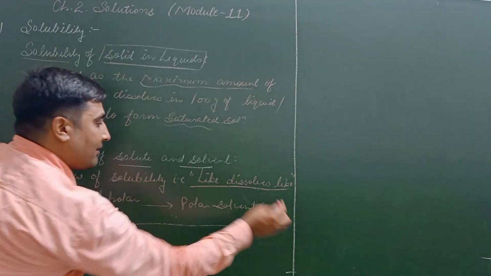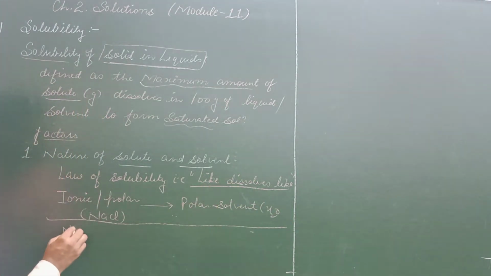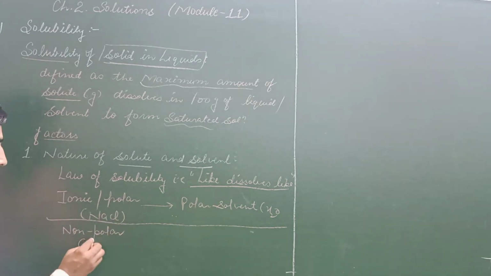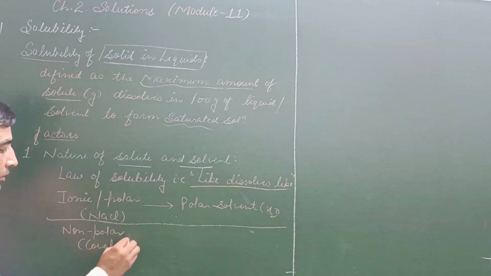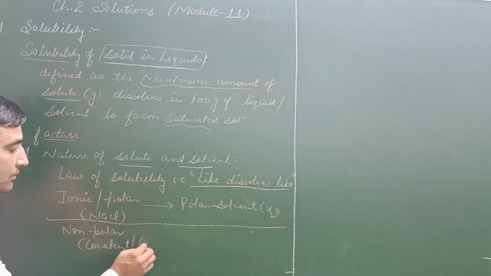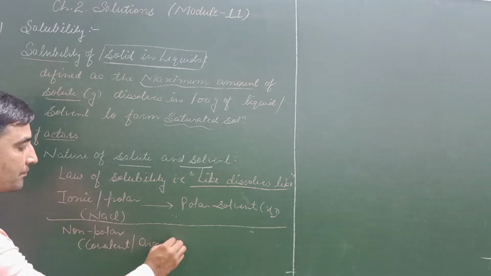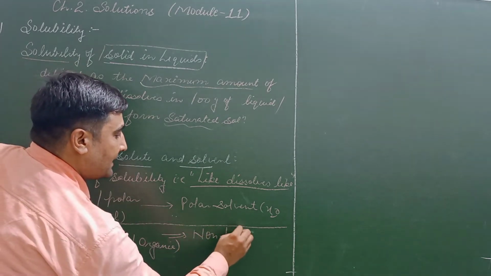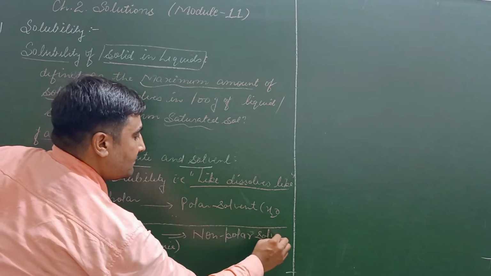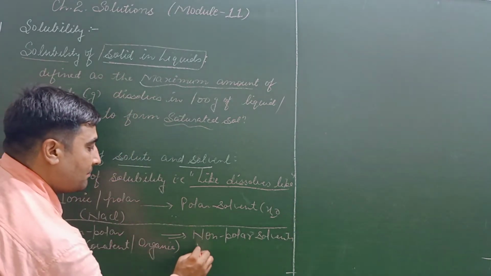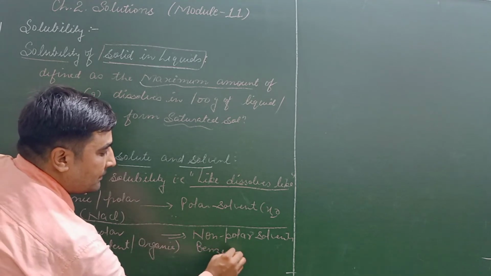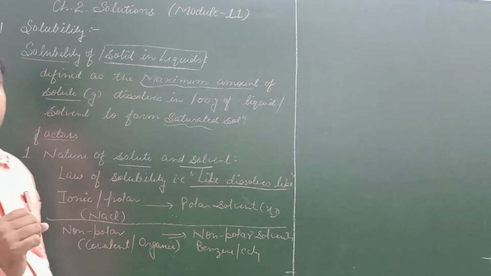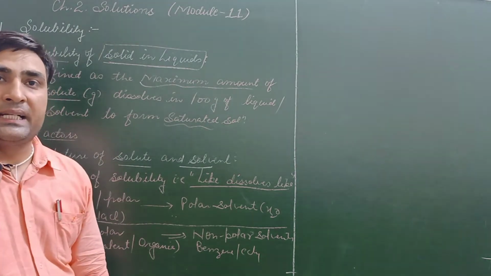Similarly, whenever we are talking about a non-polar solute, and non-polar means the covalent or organic solute, they get dissolved in non-polar solvents like benzene, CCl4, etc. So here we have to keep in mind that like dissolves like is the law of solubility.